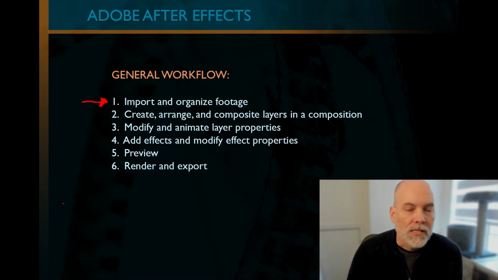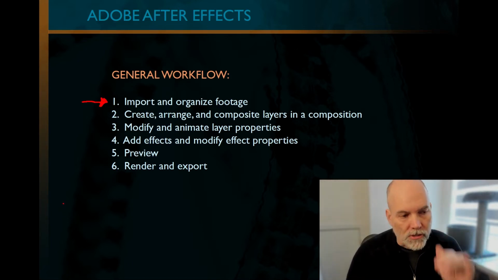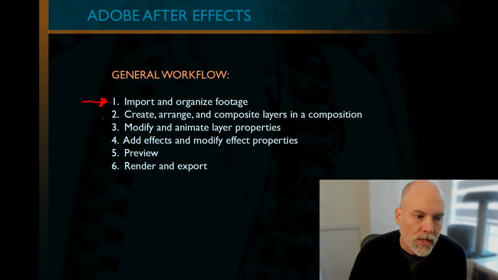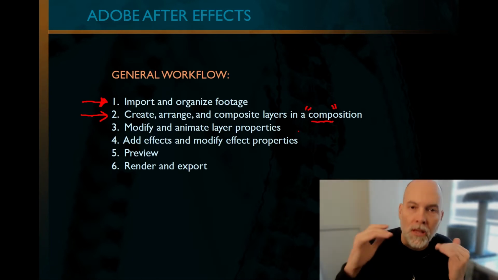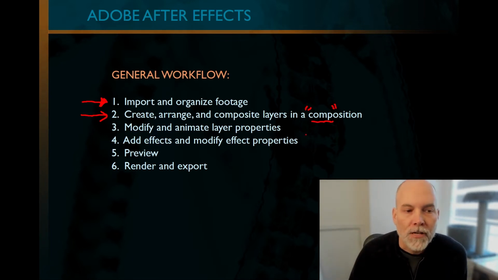And then you're organizing, maybe making folders and so on. I'll go into those details as we get into the software. And definitely then arranging layers within a composition, or a comp, as most people will refer to it. You can have many different comps within an After Effects project file.